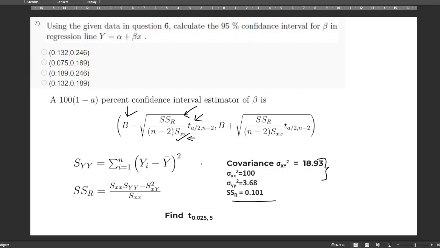One more thing we have to find is the t value. Here a is equal to 0.05, a by 2 means it's 0.025, with n minus 2. n is 7 here, so 7 minus 2 is 5. Using this, we have to find the value for t 0.025 comma 5, where 5 is the degrees of freedom.